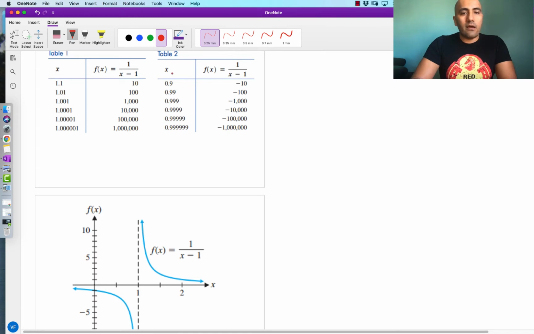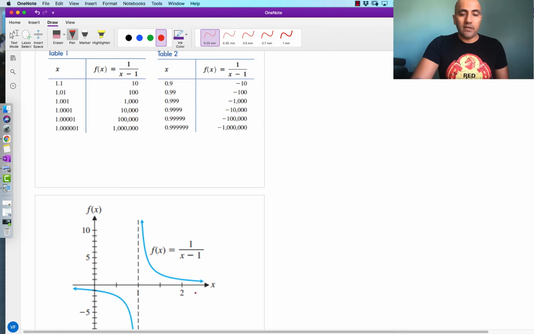Right, and then in the other direction, as x gets closer and closer to 1, but always approaching from the left-hand side, we see that the output values are getting to be larger negatives. And so that, again, agrees with our graph that we got from Desmos, right?